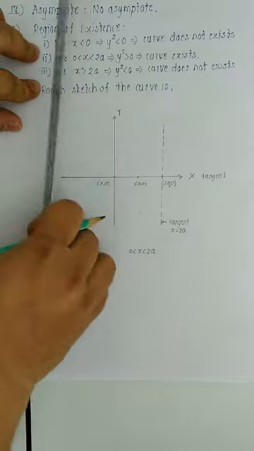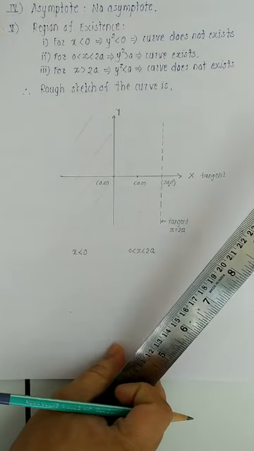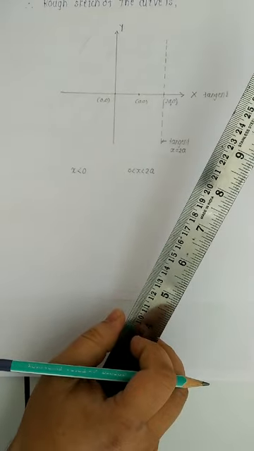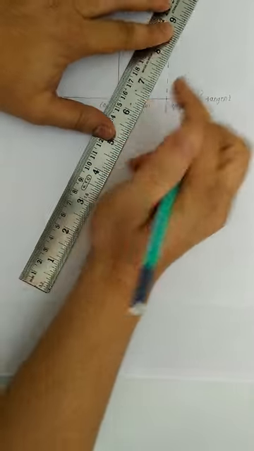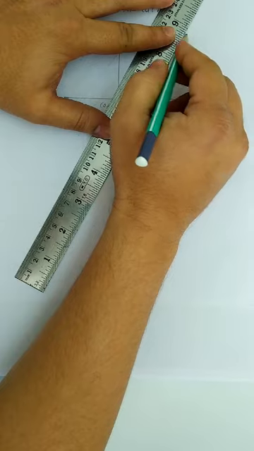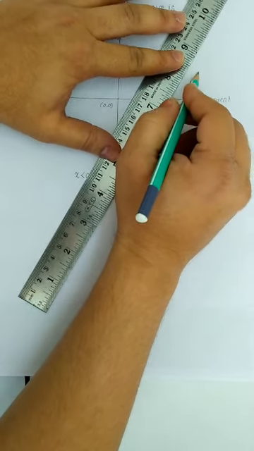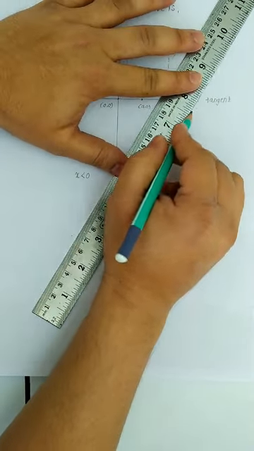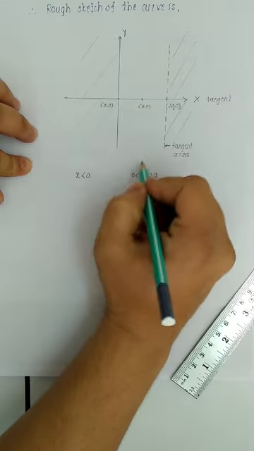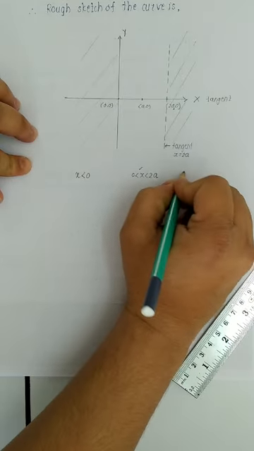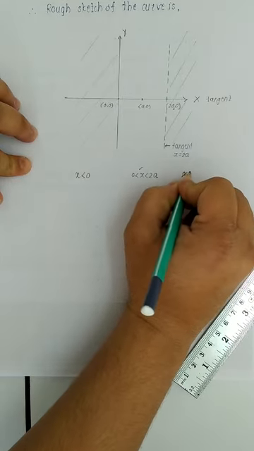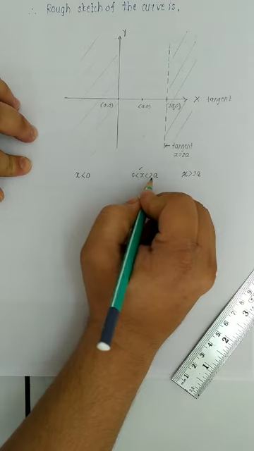Now, also from the region of existence, we have derived that there is no curve for x greater than 2a. So the curve exists in this region only for 0 less than x less than 2a.